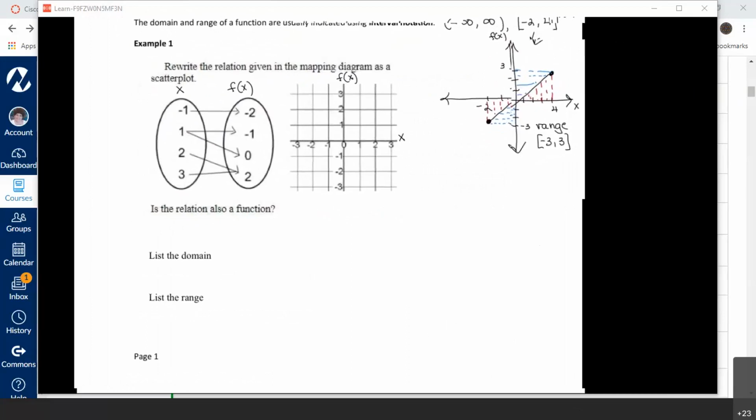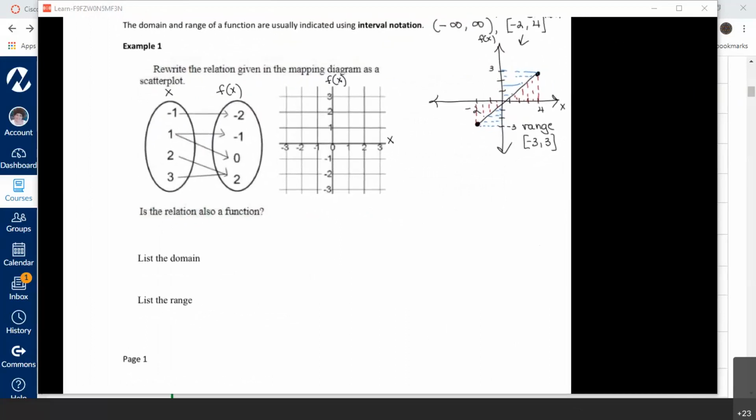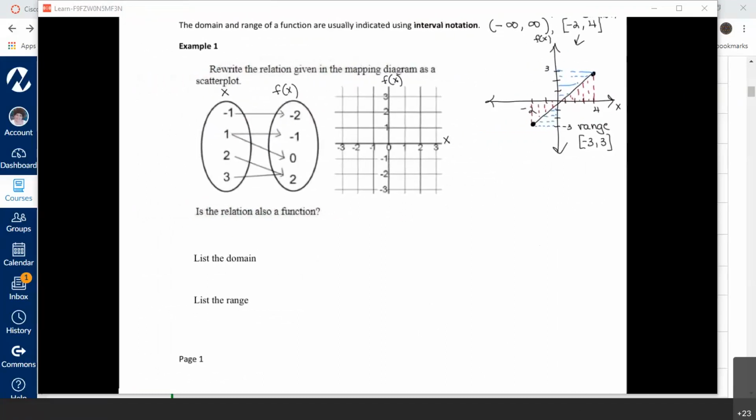So if you're trying to plot your mapping diagram, it would say -1 on x maps to -2 on y. Basically, you'd have to go to -1 on x and map it to -2 on y. So there's that first dot in the scatter plot.